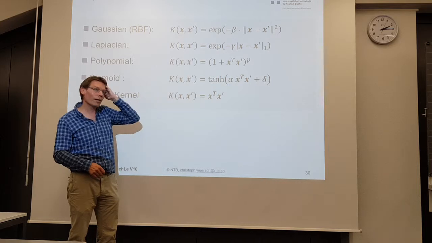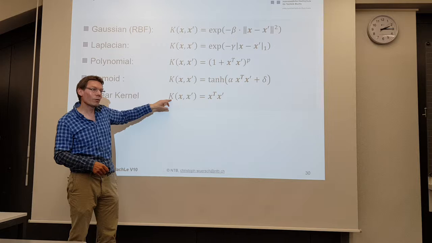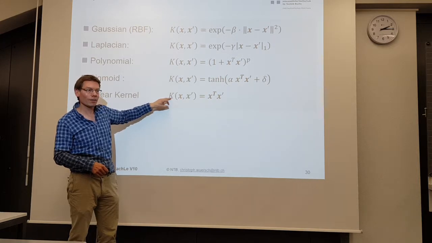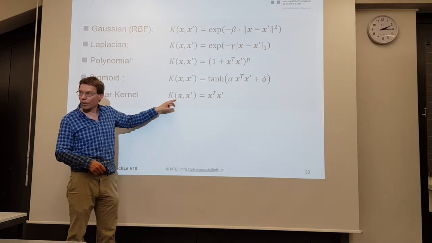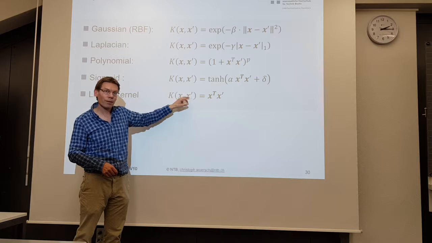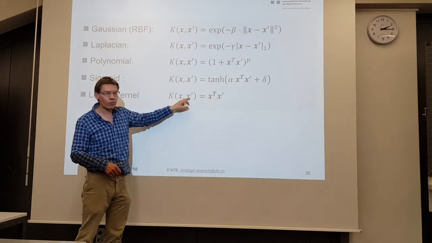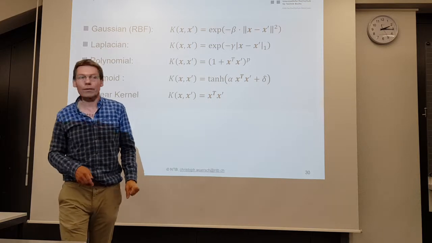So what you do in kernel PCA is an eigenvalue decomposition of this kernel matrix, where all the entries are the pairwise entries for all feature vectors: xi, xj, which is the ij entry of this kernel matrix.